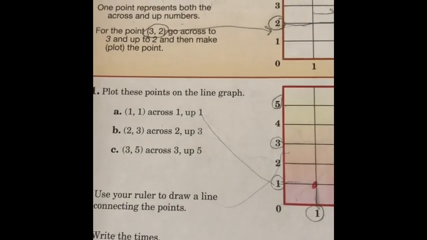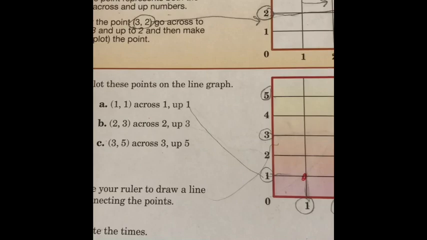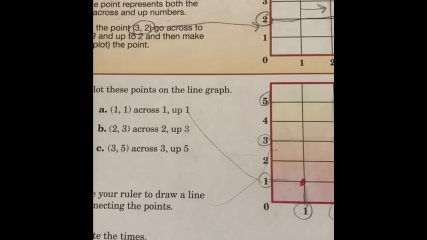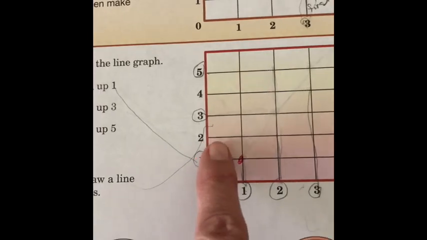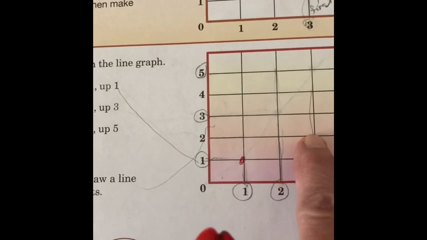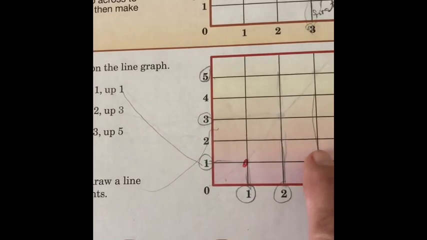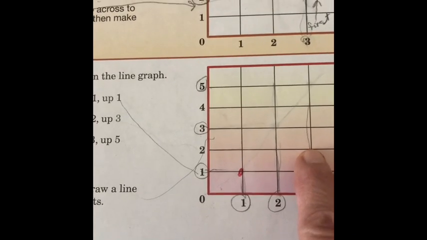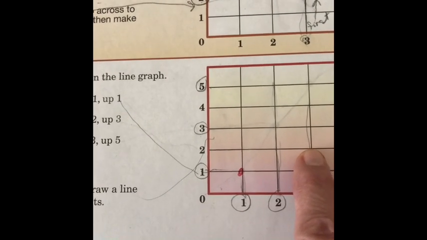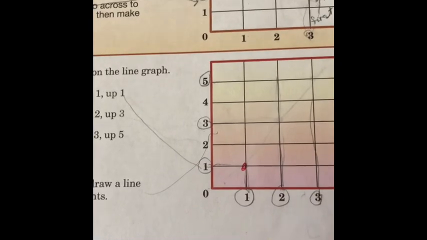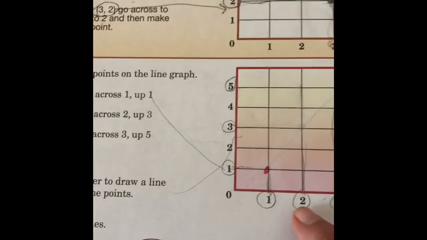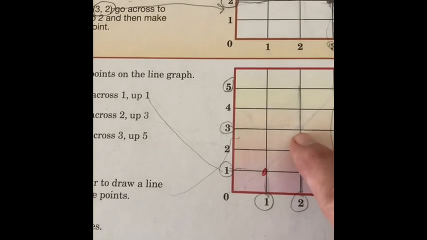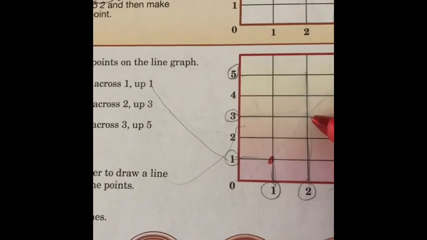across and 1 up. B, 2 across and 3 up. So we want to go to 2 across and 3 up. And then we want to plot our point. Okay, so we're going to plot our point at 2, 3, which is right here.